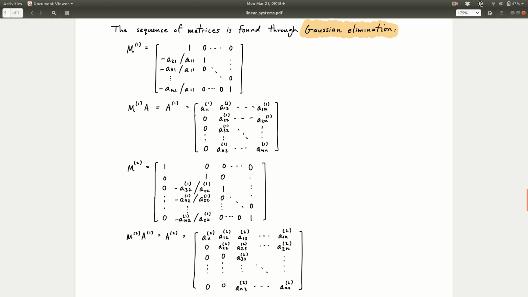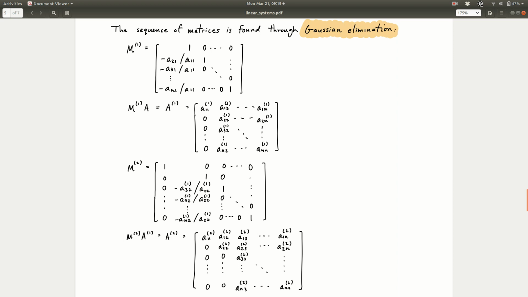Now, the second matrix, M2, is constructed in a very similar way, except now we have an identity matrix plus some extra stuff. The extra stuff now goes below the diagonal in the second column, and we're using the entries of this matrix, which is M1 times A, to define the entries of M2.